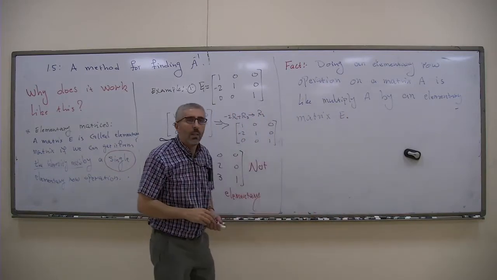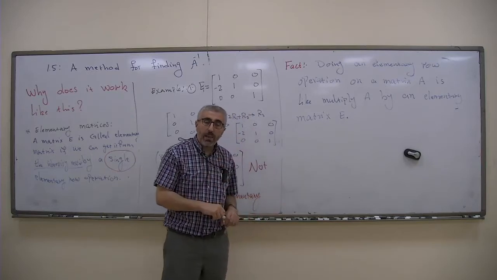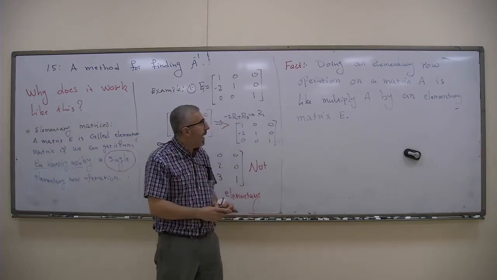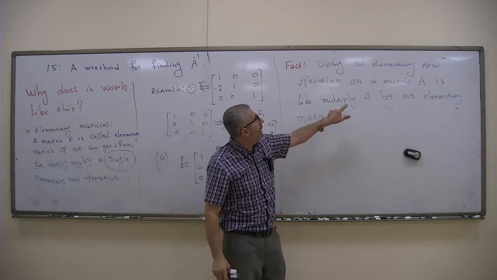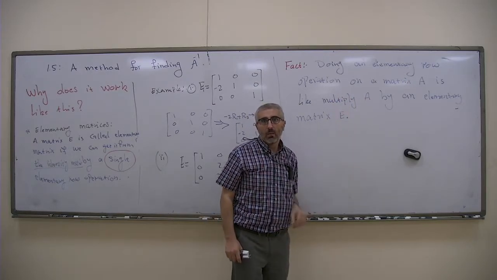Think about it. When you have a matrix and you do an elementary row operation on that matrix, that will be exactly the same as if you multiply your matrix by an elementary matrix of a certain form.